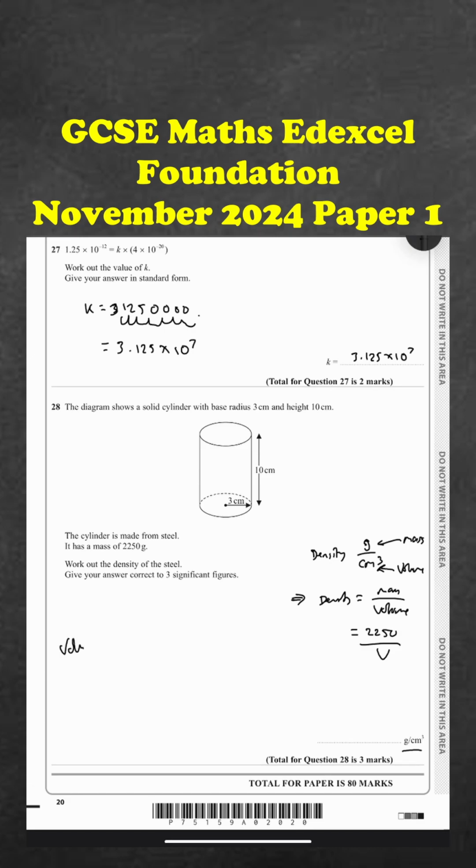The volume of the cylinder is going to be pi r squared, which is the base here, multiplied by the 10. So pi times r, which is 3 squared, multiplied by the height, which is 10. So this is 90 pi.